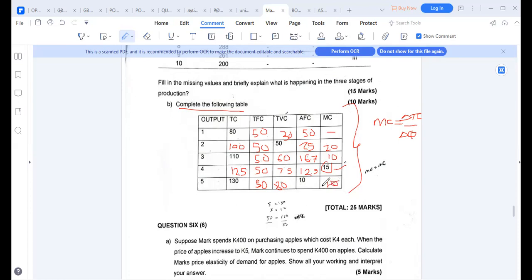So this one was not correct. We're supposed to put a 5. Okay. That's clear. Yes.